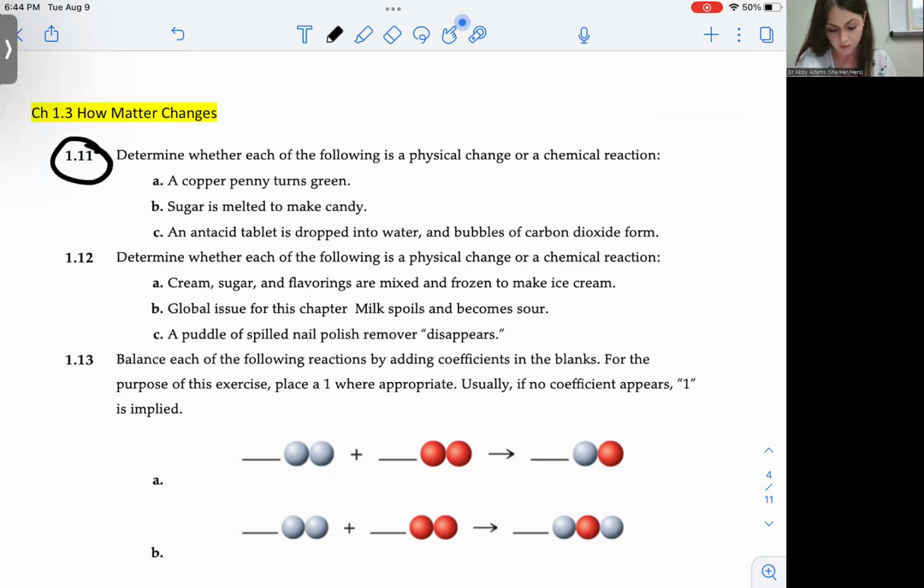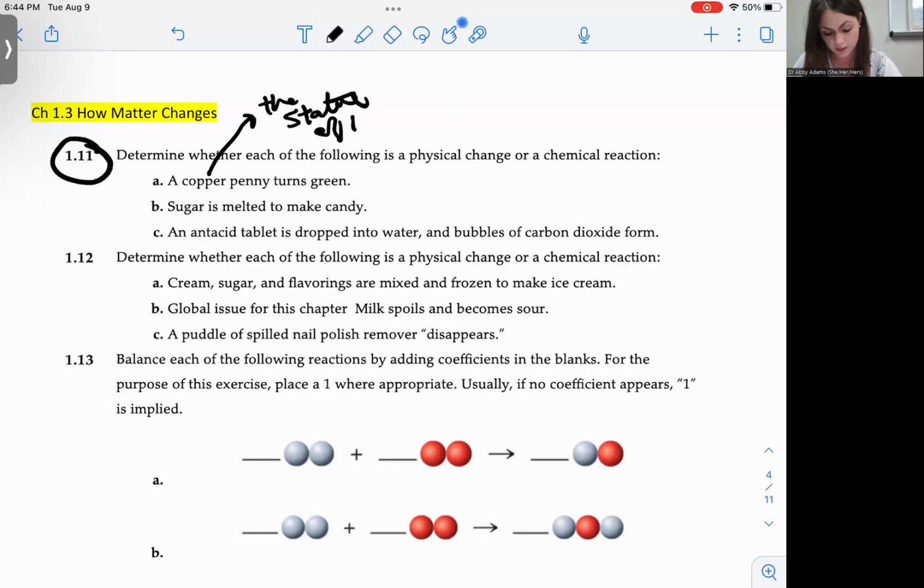Determine whether each of the following is a physical change or a chemical reaction. A, a copper penny turns green. Maybe, just as it seems, you may think, oh, well, that's physical, I can see that. That's not how this works. Think of something copper that has changed green over time that you know of. The Statue of Liberty.